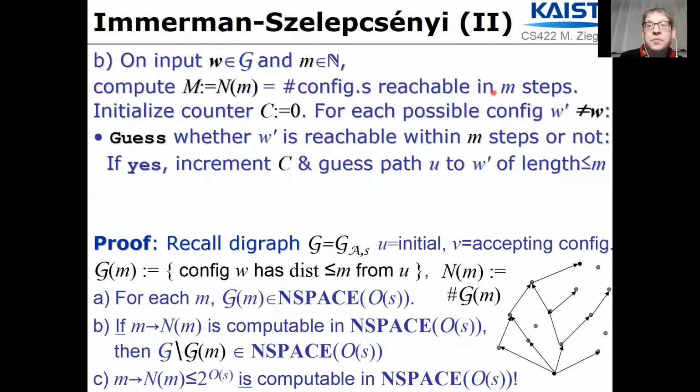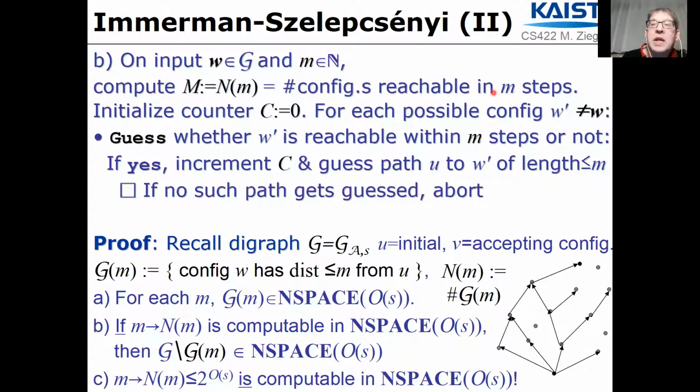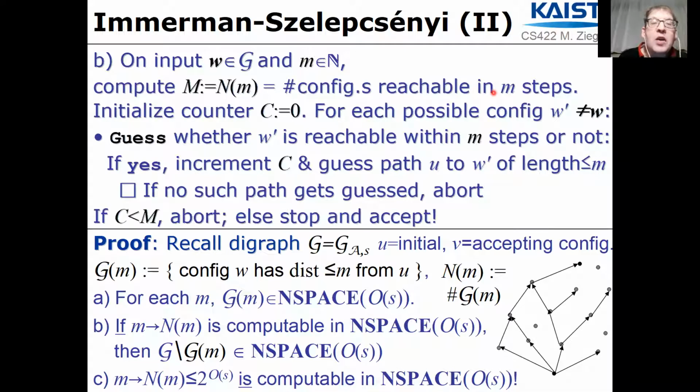Let's do that here. We maintain a counter that keeps track of how many vertices we have A, guessed to be reachable, and B, been able to verify to indeed be reachable. And if at the end of this exponentially large loop using linear memory, the counter value turns out to be equal to the value known by hypothesis, n of m, then it means that all our guesses have been correct.